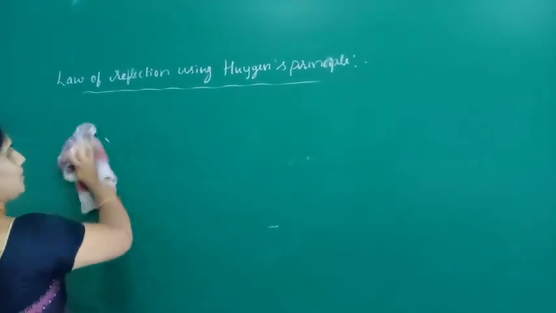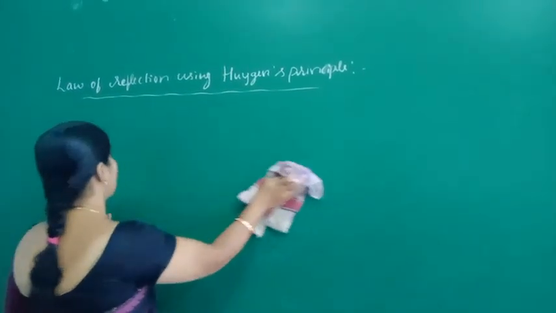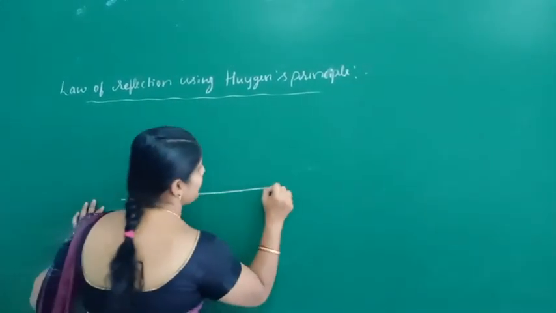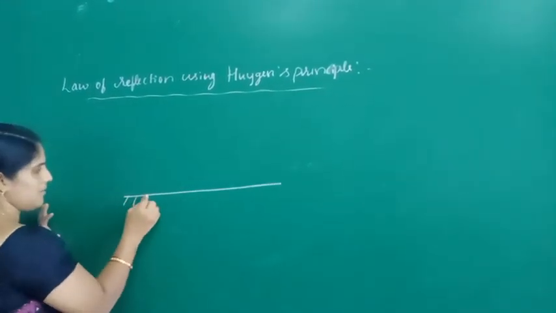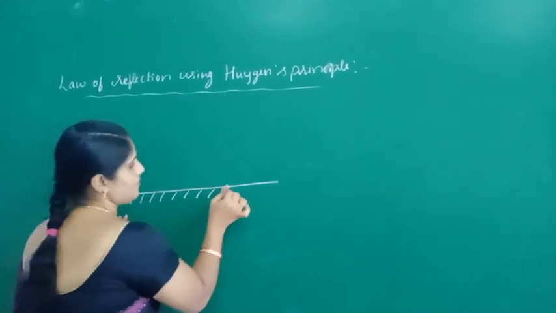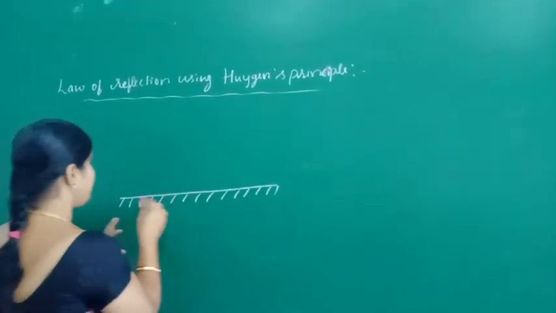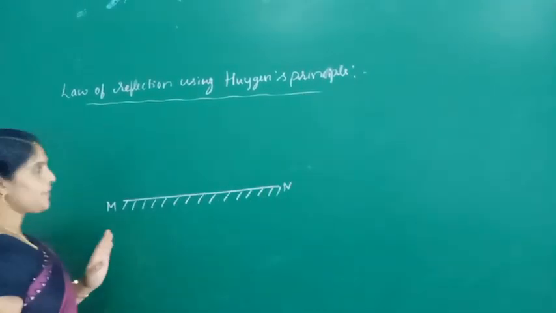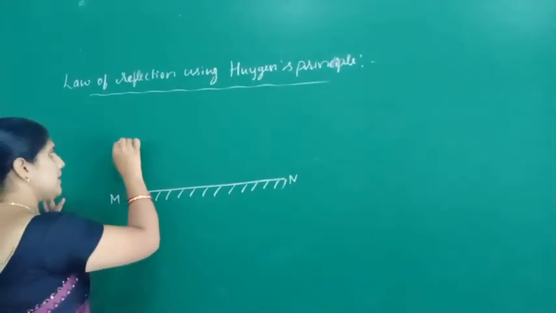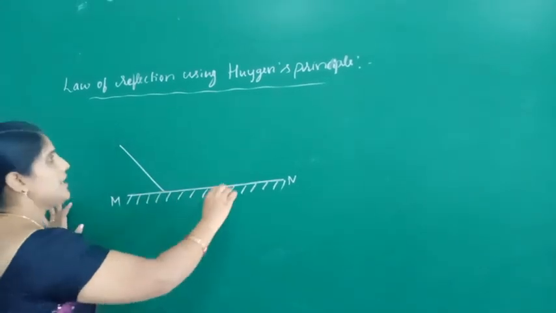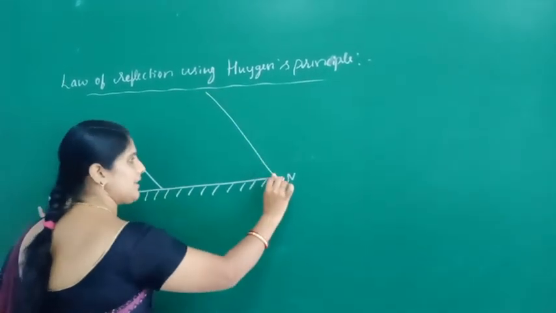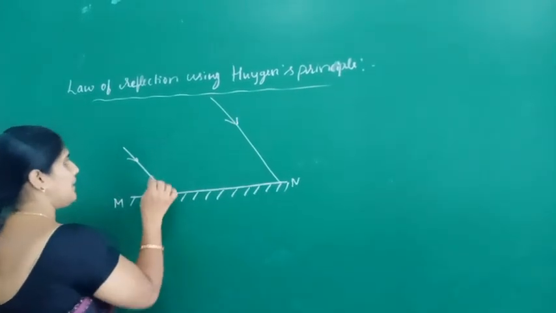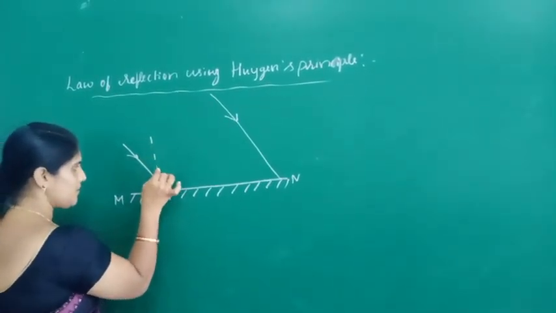Now we draw a clear picture for this. So this is the reflecting surface. You call this reflecting surface MN. When a parallel beam of light is incident here like this, let me draw a normal for this.